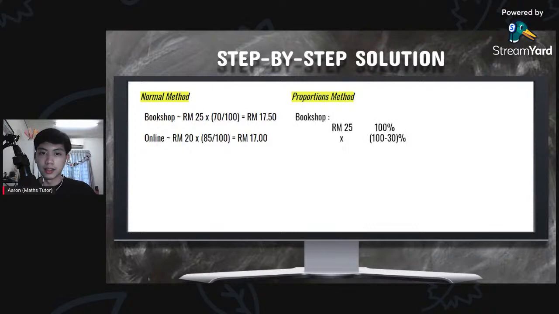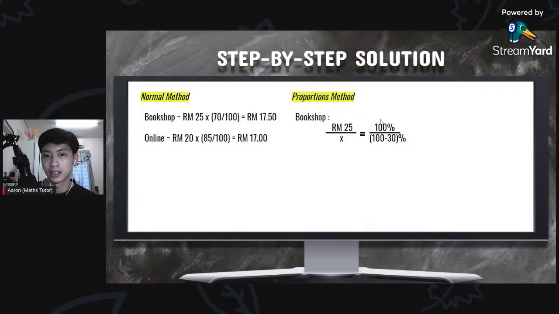It says that for the bookshop, we have 25 ringgit over X. Remember the ratio here: you must have the same unit. So RM must be with RM, and percentage with percentage. So RM 25 ratio, then this one you don't know how much is the price.